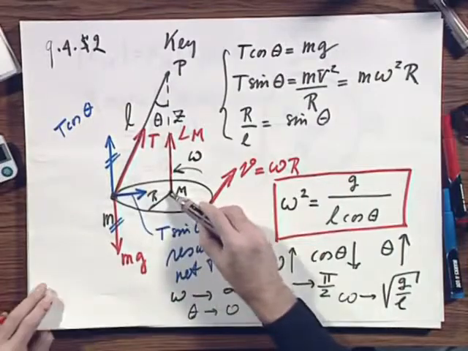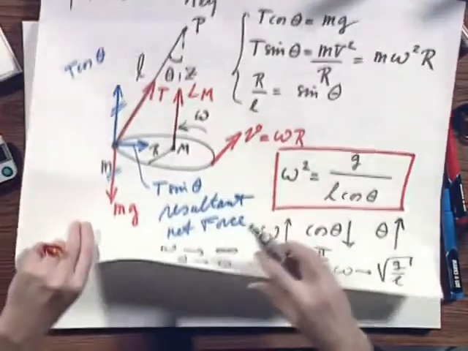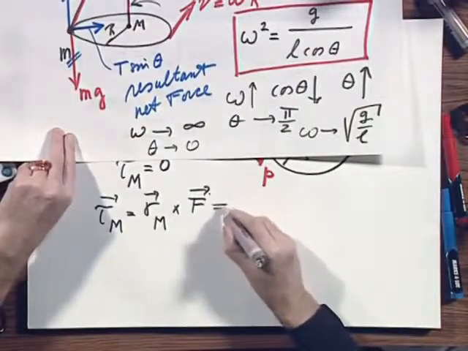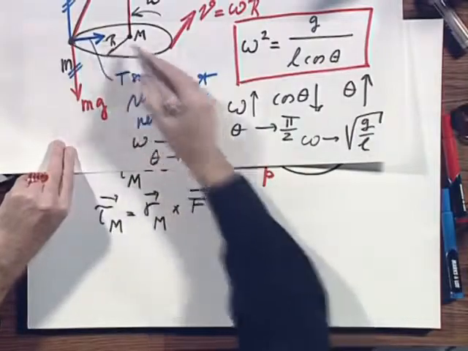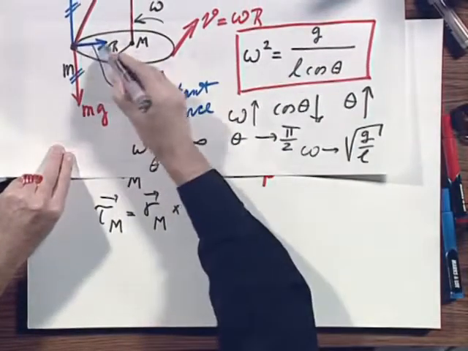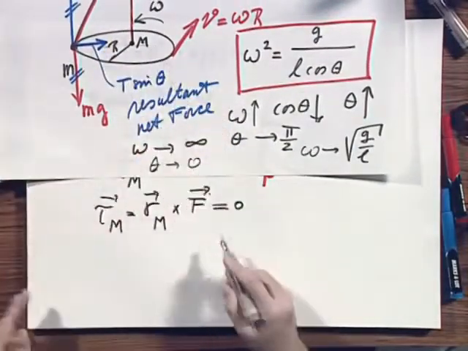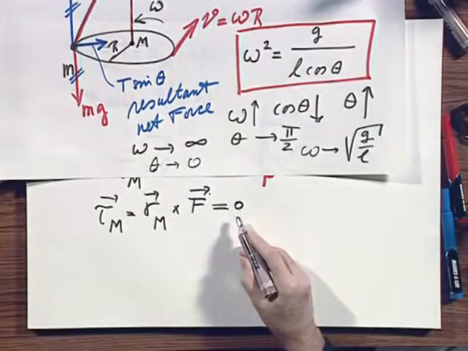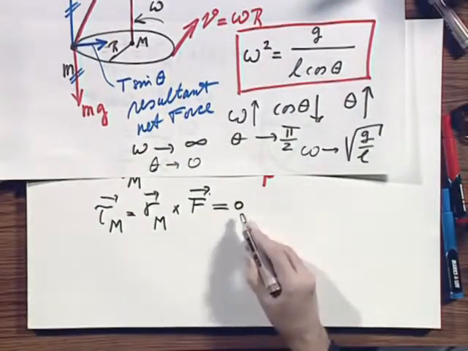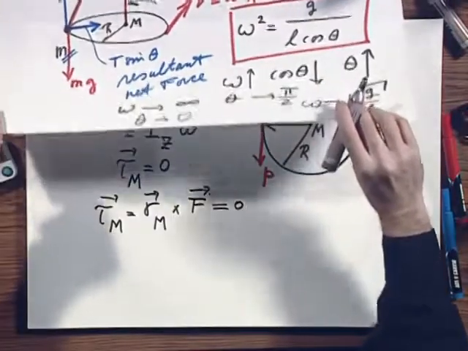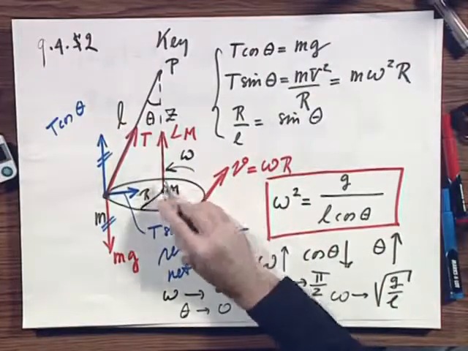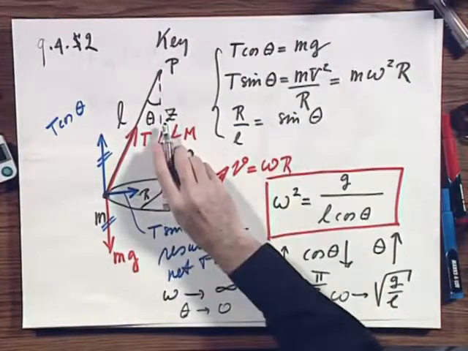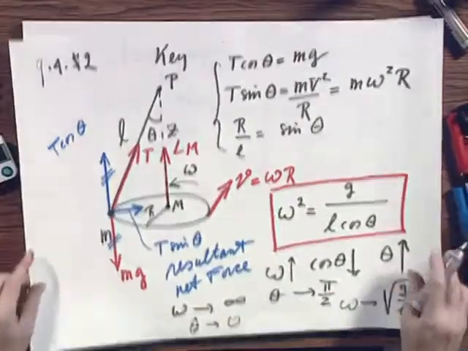And that force goes straight through point M. In other words, this must be 0. Because R of M and F, which is this F now, are parallel. The sine of theta equals 0. So yes, indeed, tau of M is 0, and yes, indeed, angular momentum is conserved. There is no external torque about point M, and the angular momentum will always be in this direction, and it is conserved. Let's now go to point P.